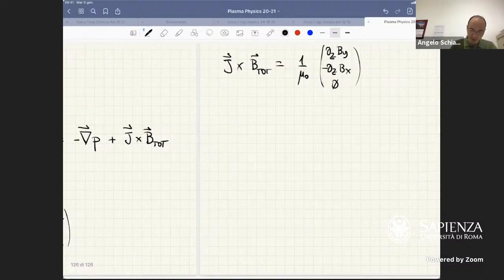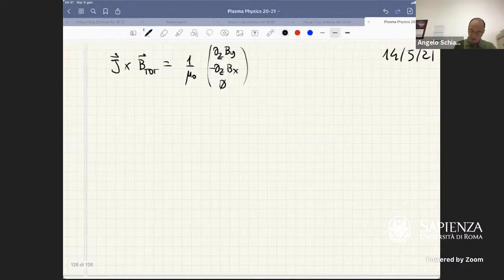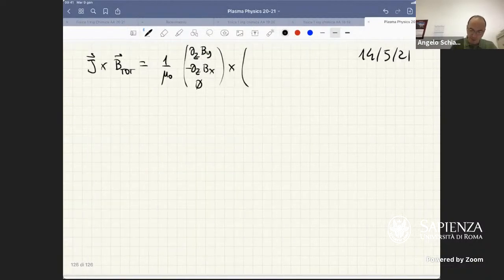And then we have to take the cross product of this one with the components of the total magnetic field: the two components of the wave in the transverse direction and the Z component, which is the constant externally applied magnetic field.